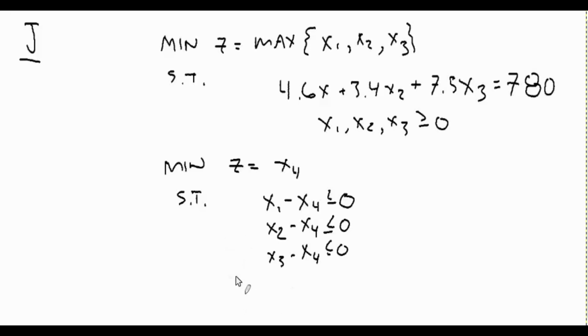And then we put down the same old boring constraint, 4.6 x1 plus 3.4 x2 plus 7.5 x3 is equal to 780.